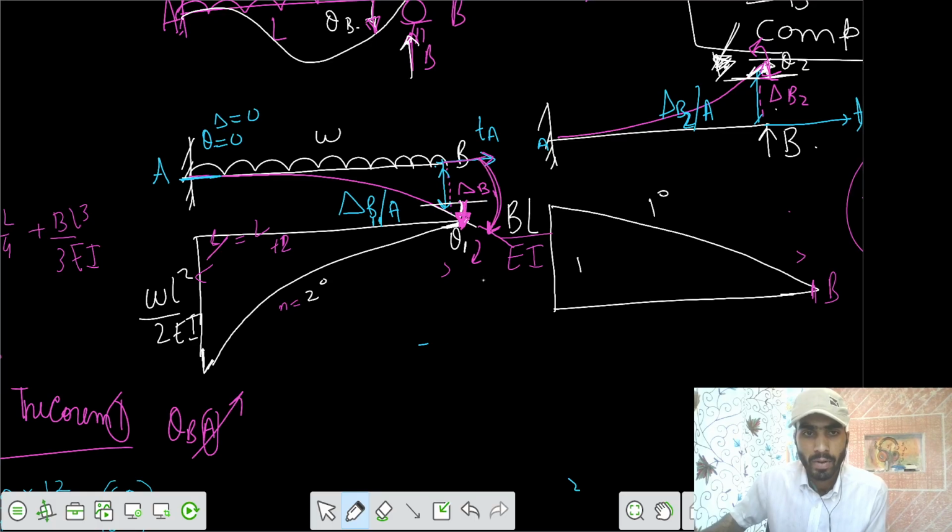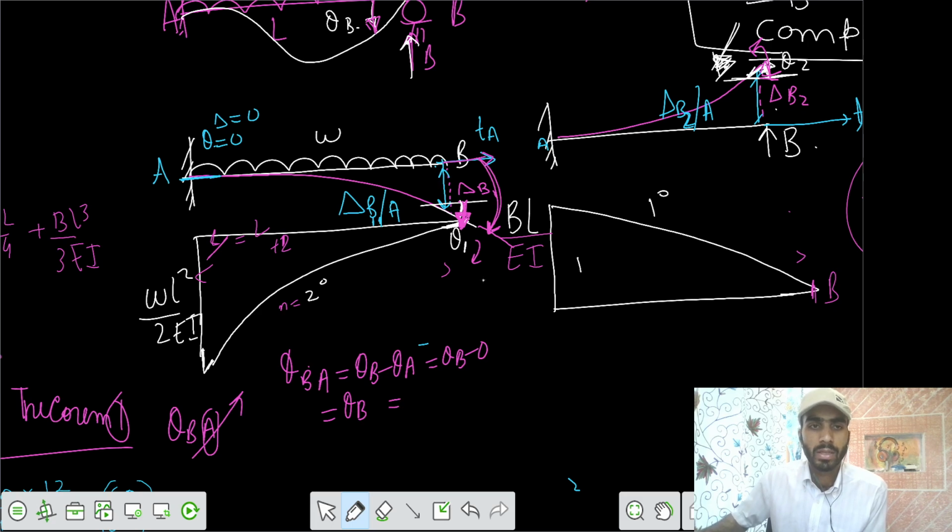So we can write theta BA equals theta B minus theta A, and we know that theta A equals 0. So we get theta B, which equals the area between the 2 points. The area is 1/3 WL square by 2EI into length L, but this diagram is negative, so we write the minus sign. So we get theta B equal to this value.